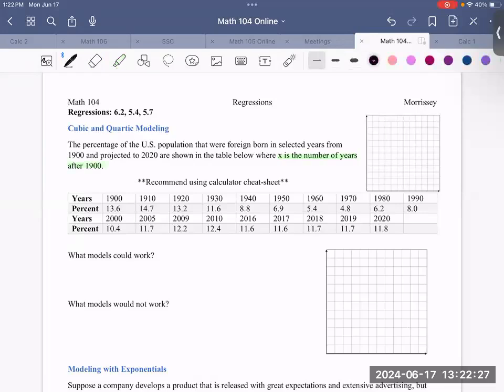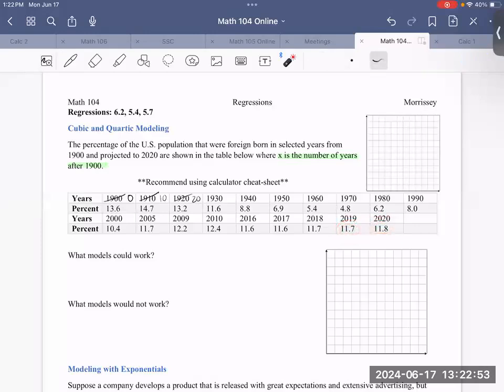It just means that instead of having 1900, we're going to start at the year 0, 10, 20, and so forth. Now be super careful. Don't automatically assume they go up by tens just because the first row does. Just be very cautious. The row below it is your percentages. Don't change these values. Keep them as they are.